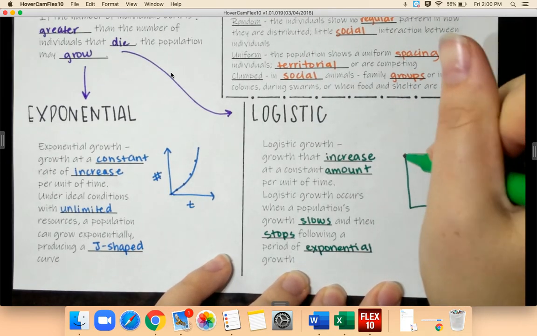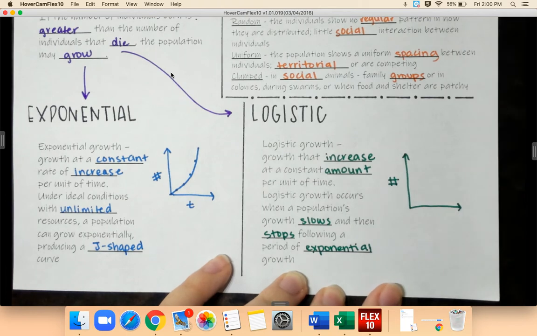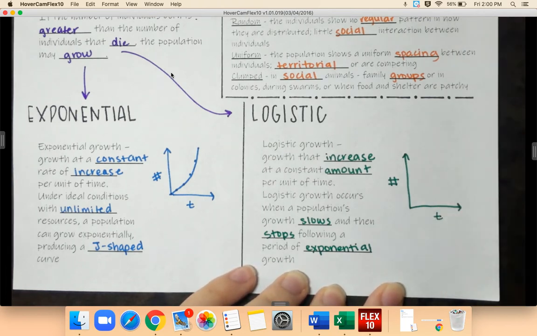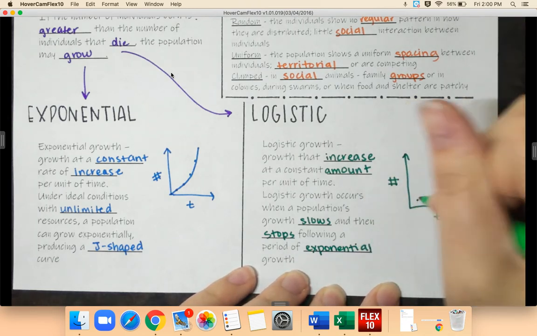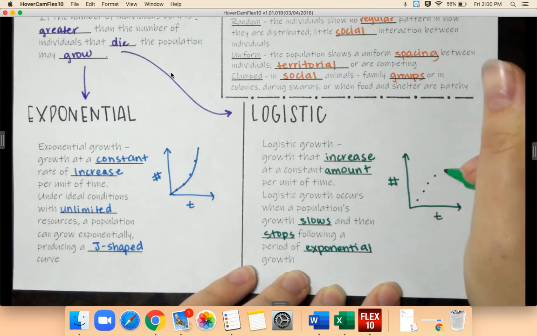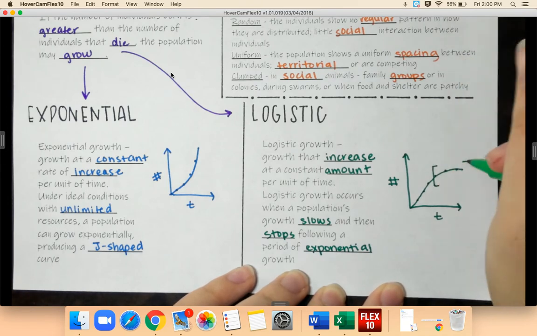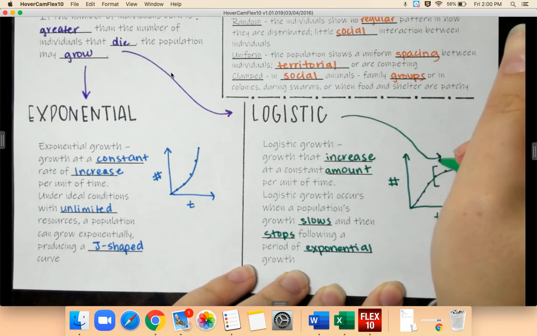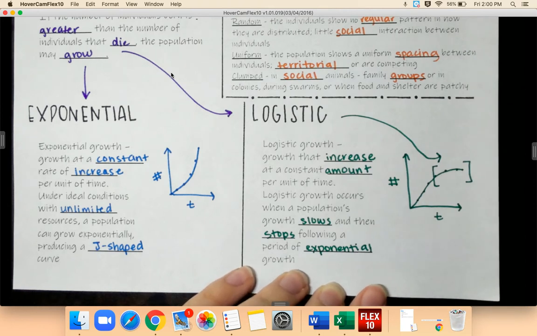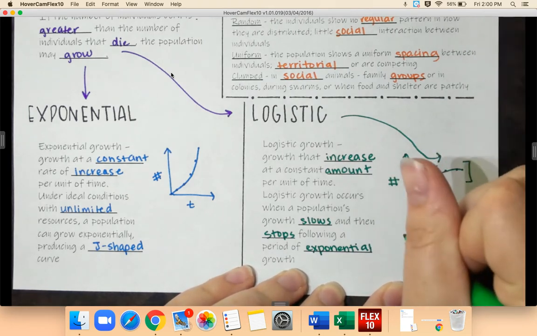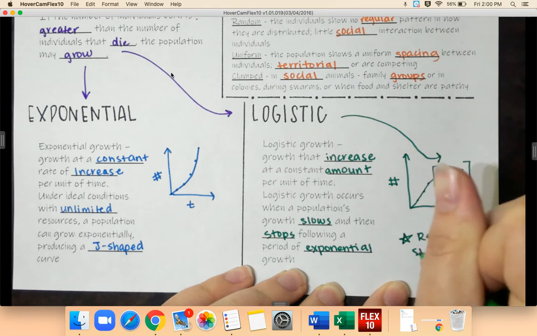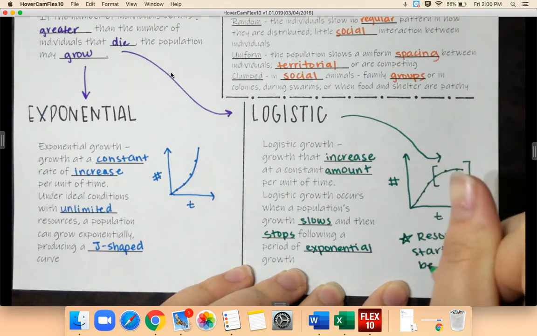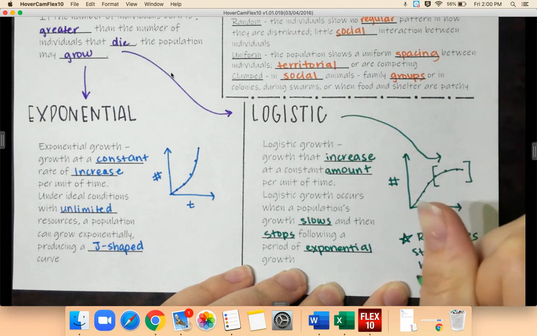Again, we'll have our number of individuals on our y-axis and time on our x. It starts kind of exponential, and then for whatever reason, it starts to level off. This leveling off portion is the logistic part. This can happen if resources start to become limited. So that might be food, that might be shelter.